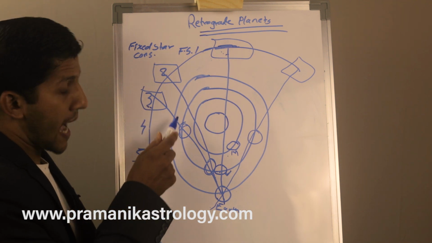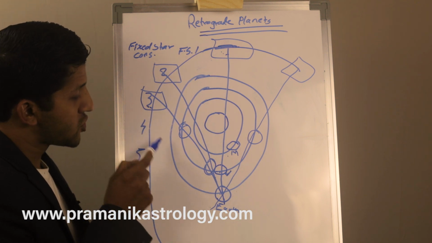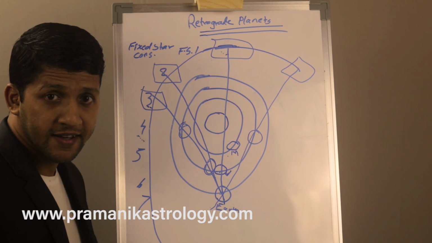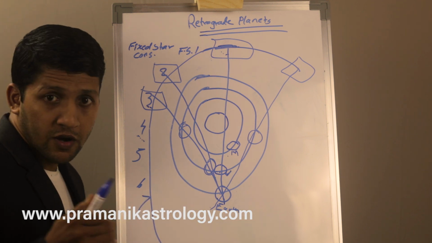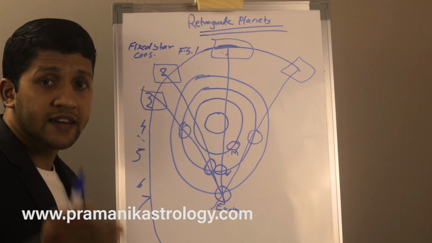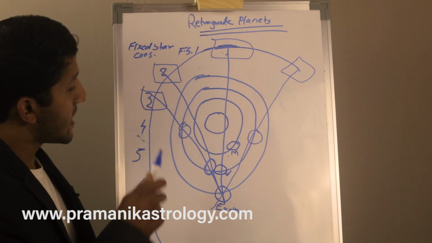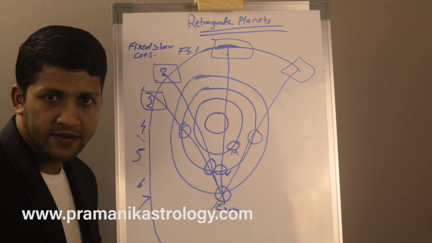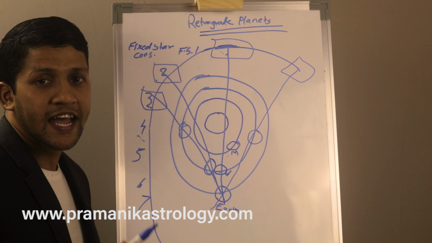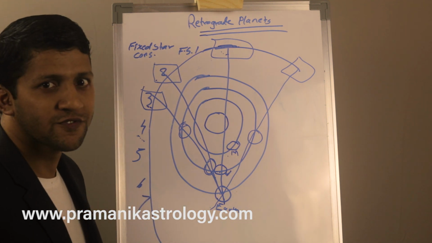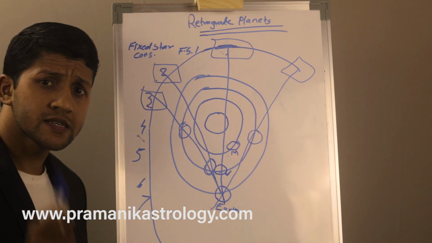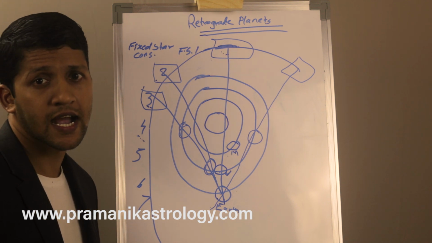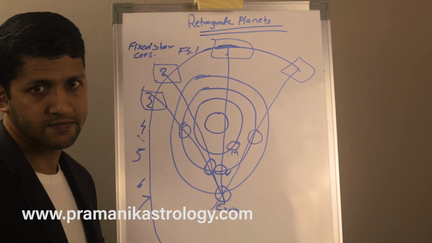Ideally, as it is moving forward, it should be seen at the backdrop of 4, but due to its closeness to the Earth and the difference of the movement, it appears to be at this point, at the backdrop of fixed star number 2, and this is retrogression. This is what happens in the sky at retrogression.